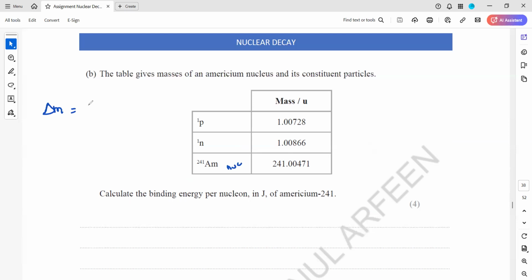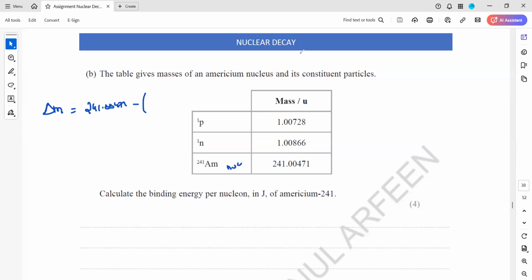So the mass of a nucleus of americium is 241.00471. You have to use all these numbers. Don't round off, especially in a mass defect question. Minus the mass of the nucleons.